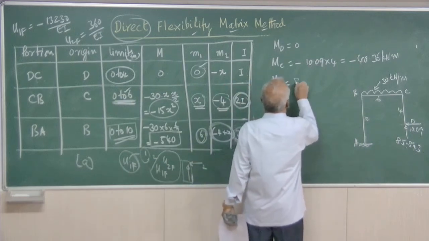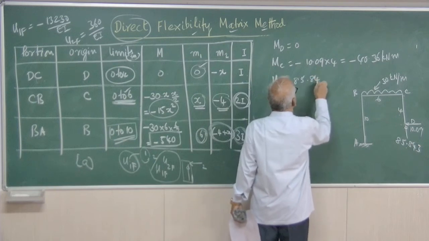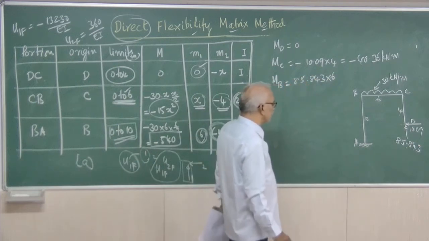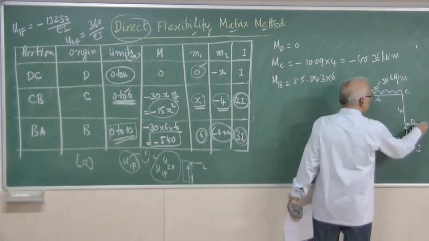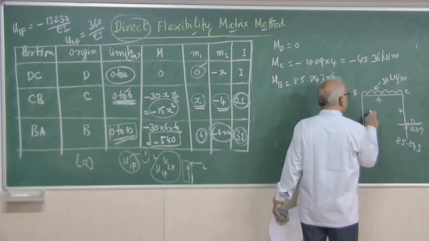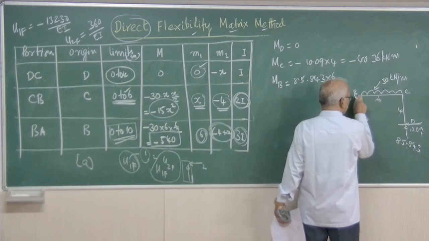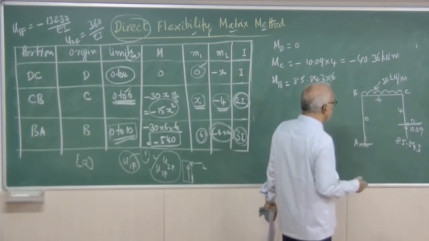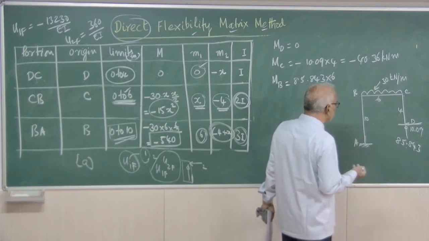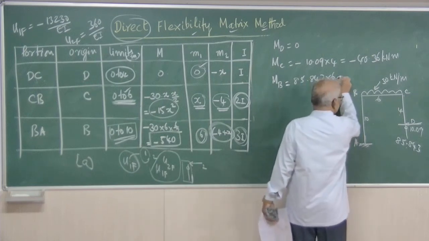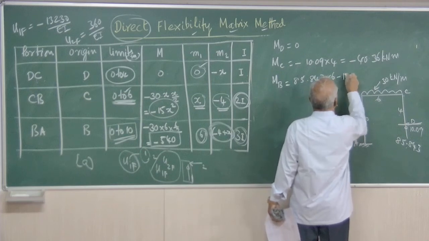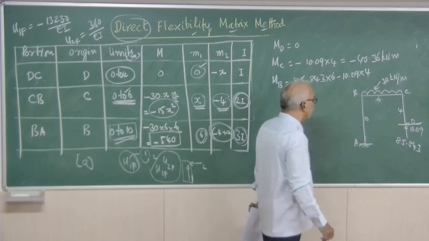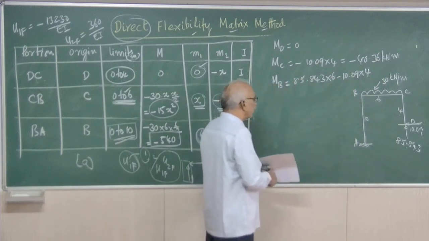The 10.09 is a horizontal force into the vertical distance of 4 meters up to B. This will cause a clockwise moment, so it is minus 10.09 into 4 meters.